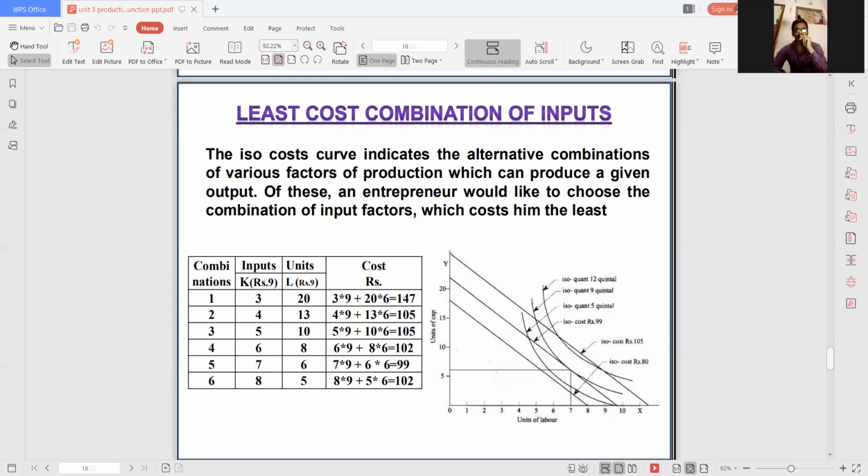In previous class, we have discussed up to the topic of marginal rate of technical substitution. I am repeating once again. What is meant by marginal rate of technical substitution? In order to produce a constant level of output, definitely we need to replace one input factor with another input factor based upon some circumstances, so that we can produce an equal level of output.